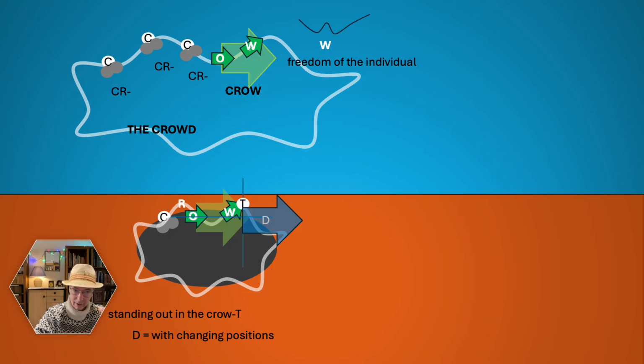It is associated with people. The crowd has all these options of individual focal points, in which the crow itself doesn't focus upon the position, but really focuses on what I can lift out here, and ends with W, so it stands out of the crowd as an individual, with a certain freedom of the W, also with its own behavior that lingers on, that is typical for the crow in the crowd.